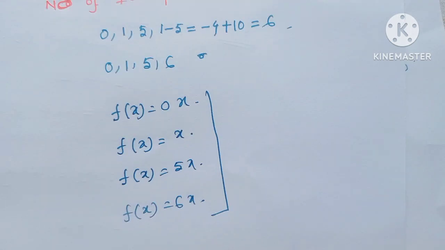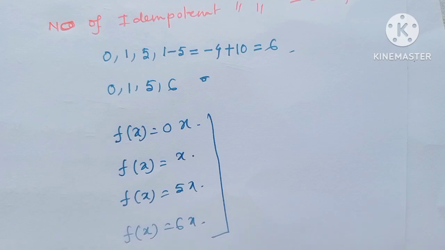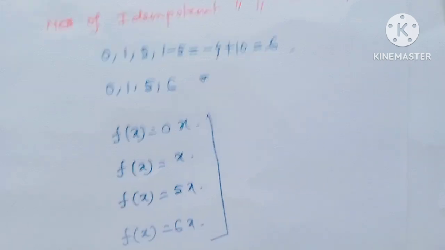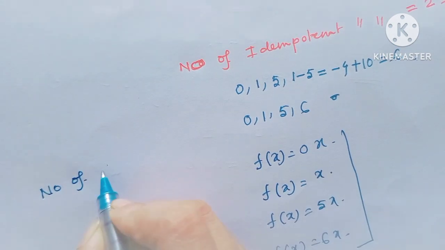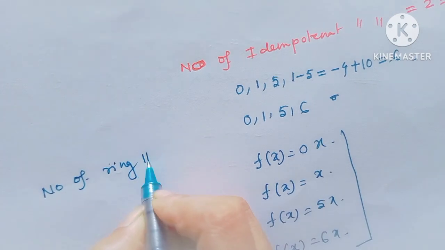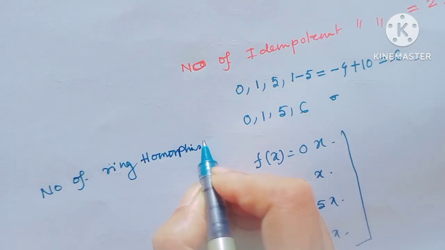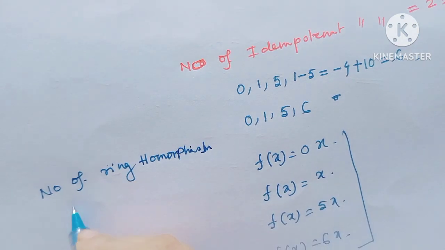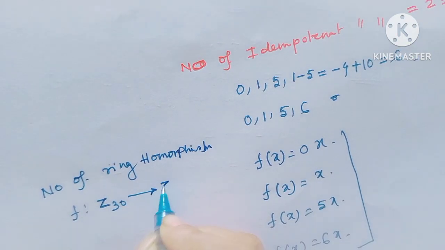I hope all my viewers have understood clearly the number of ring homomorphisms from Zm to Zn by idempotent elements. As an example, the number of ring homomorphisms f from Z30 to Z30.